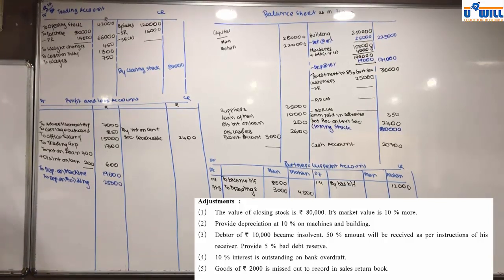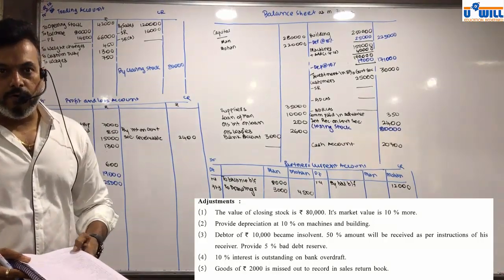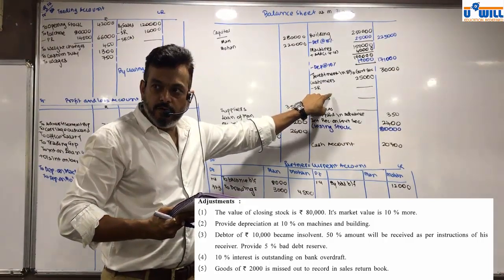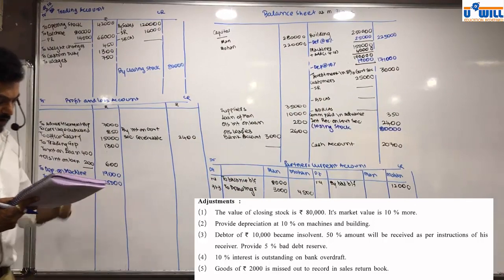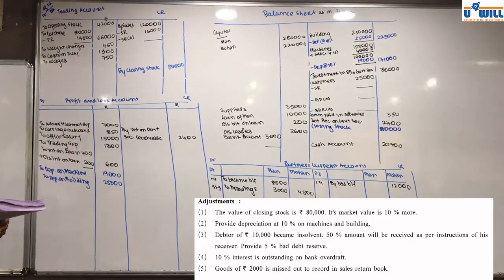Now, before we do the adjustment number 3, we'll have to do adjustment number 5 because it is connected with this sales return over here. Okay, so 4th kar lete, then we do 5 and then we go back to 3. 10% interest is outstanding on bank overdraft.